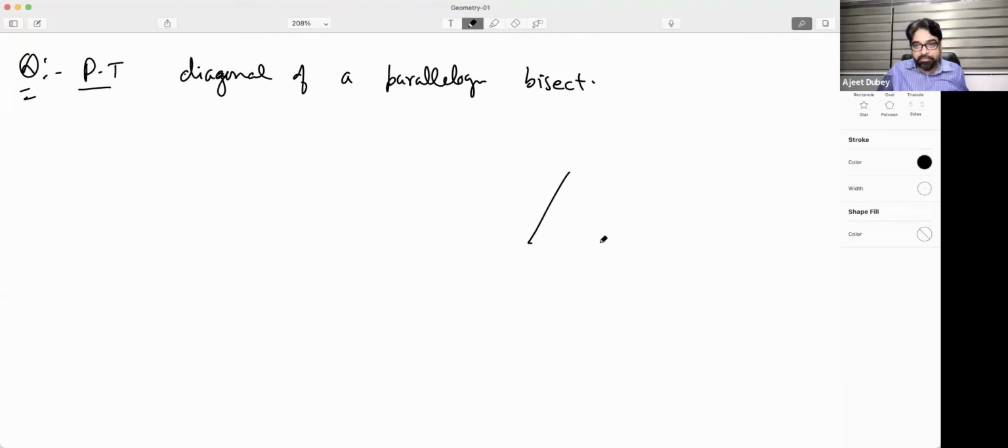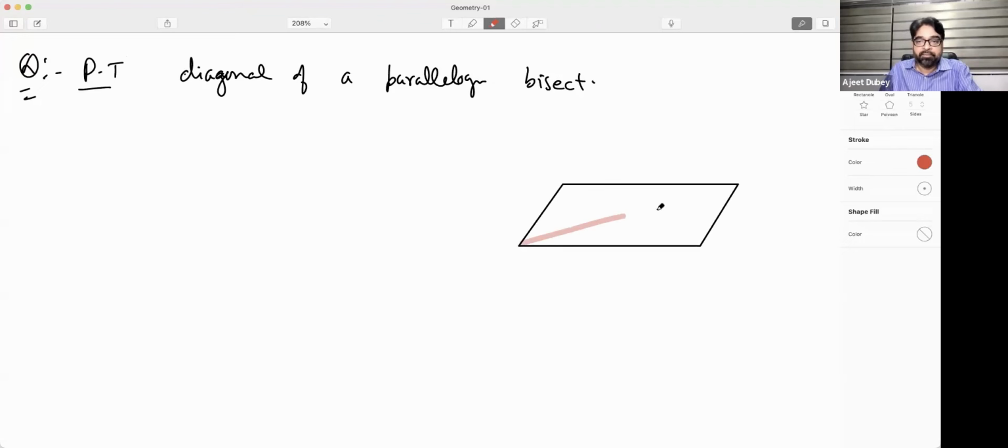All of you know this theorem. If you take a parallelogram, how many diagonals are there? 2. Do they really bisect? Yes. Those who are saying it bisects, please mention yes in the chat box.